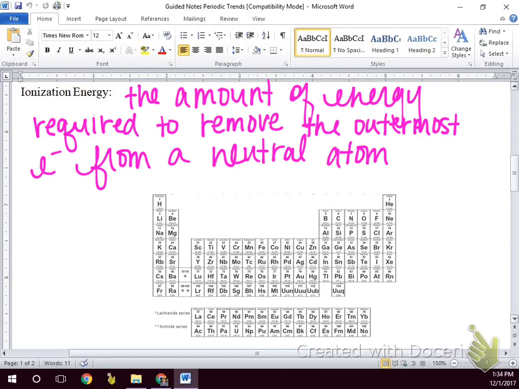Okay, so you'll see the trend for ionization energy increase as it goes to the right and as it goes to the top. Okay, and so I'm going to explain what each of these trends mean, but you'll see the largest ionization energies on the right side and near the top.